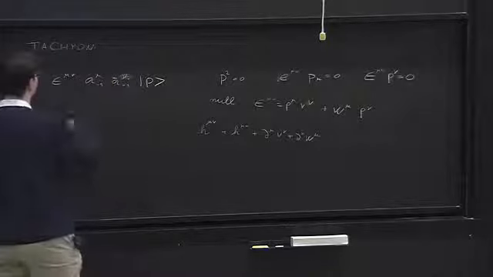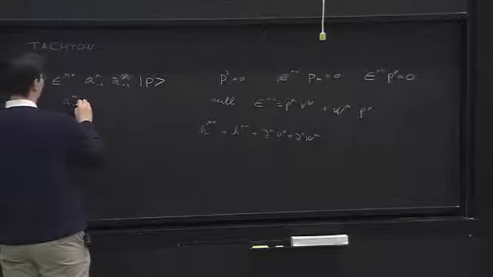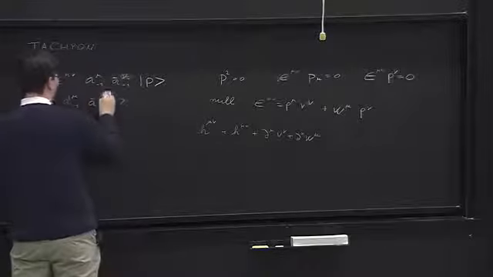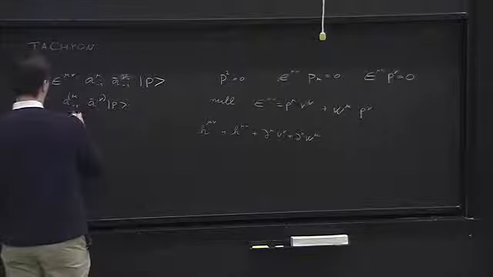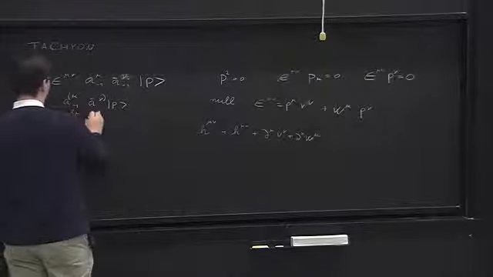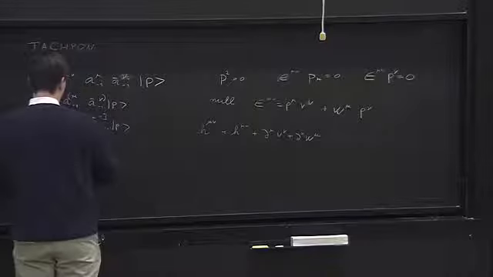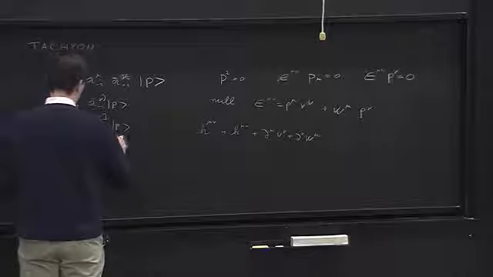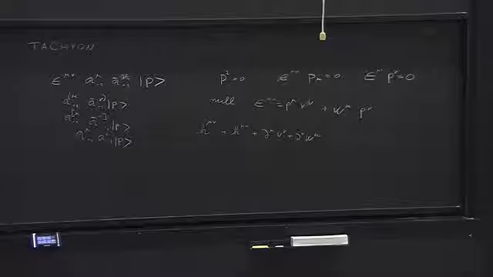So there will be a bunch of states where I symmetrize and take away the trace, a bunch of states where I antisymmetrize, and then somewhere I take the trace.